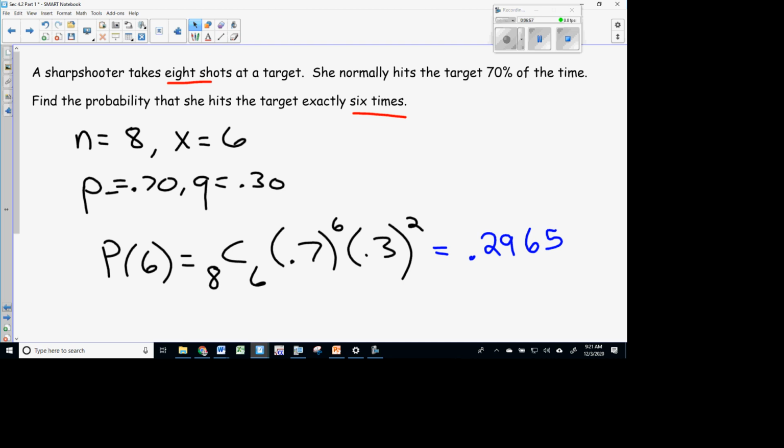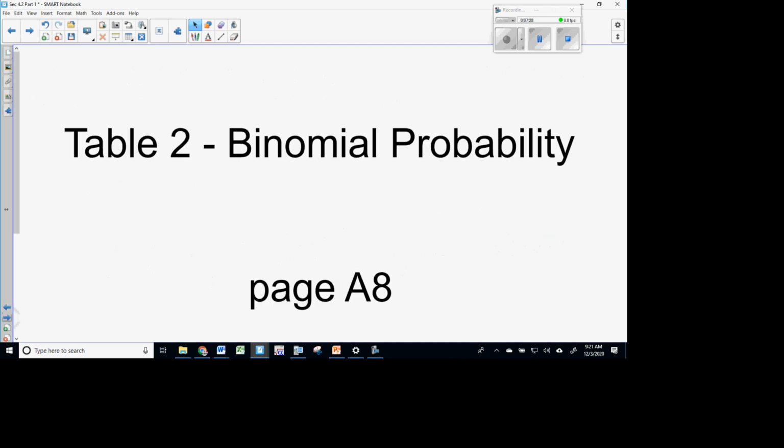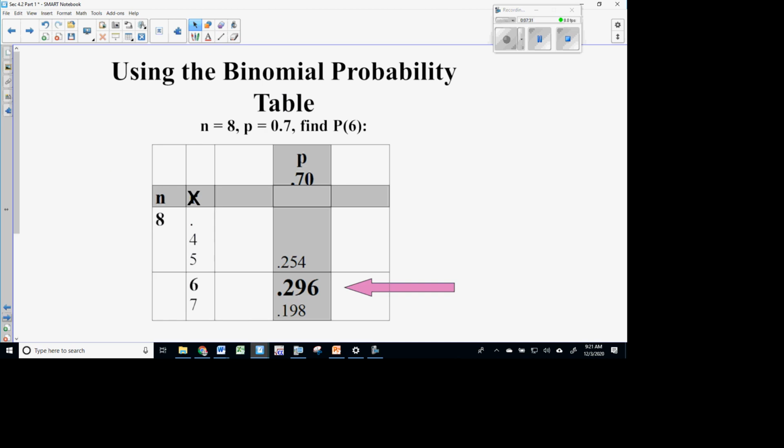However, one of the nice things about this formula sheet is we do not have to use that formula. So, flip back until you get to the first table of a whole bunch of numbers. You'll notice at the top, table number 2, and it calls it the binomial distribution. So let's look at this problem and talk about how you can use this table. The way your table is set up, n is 8 in this problem.